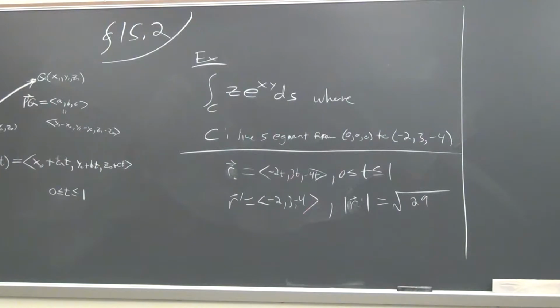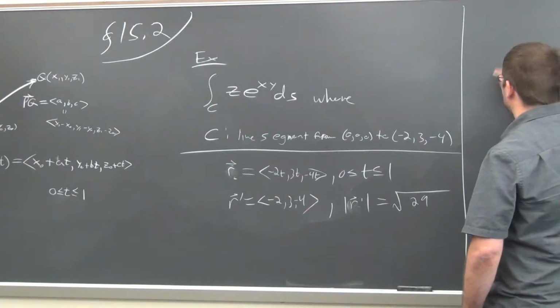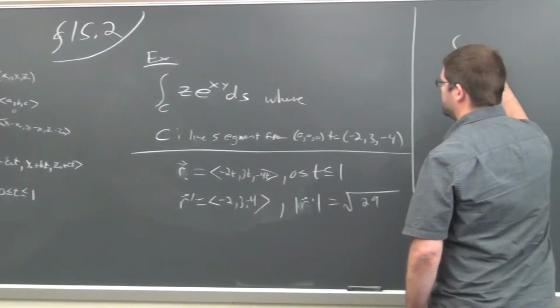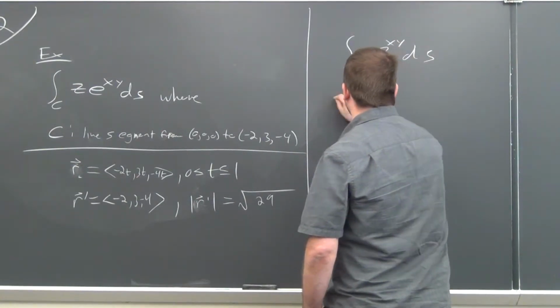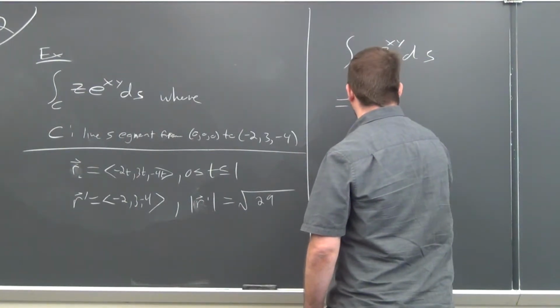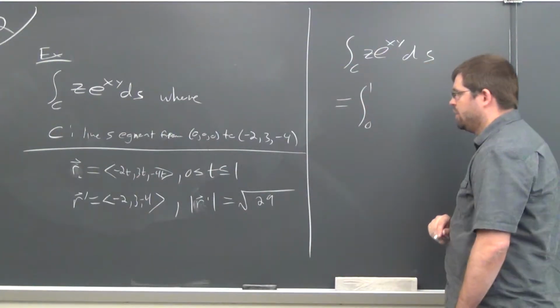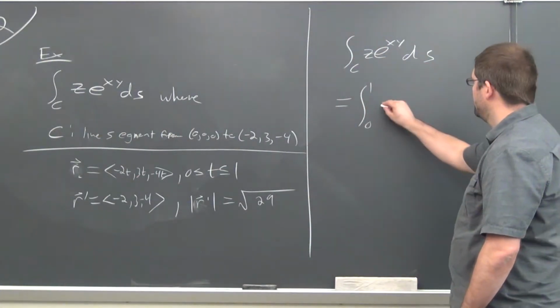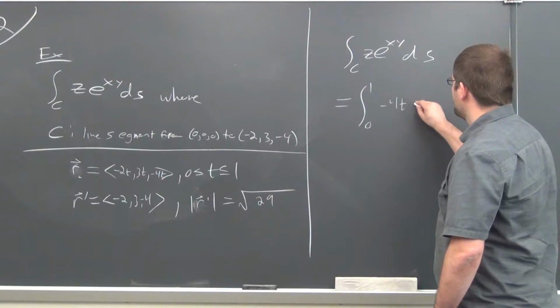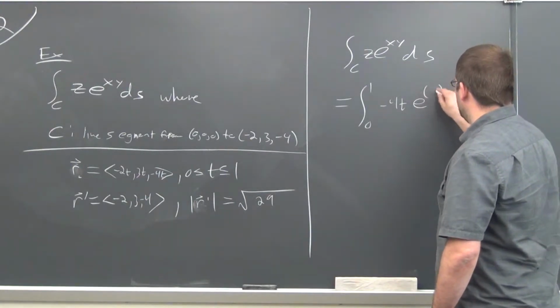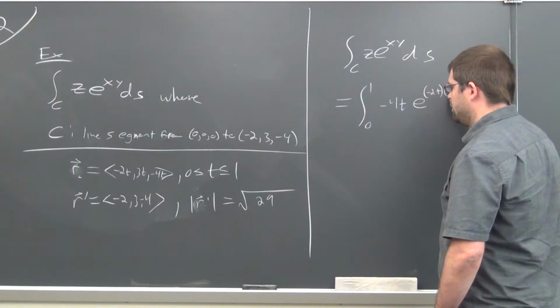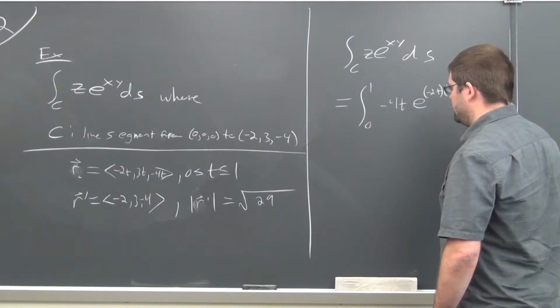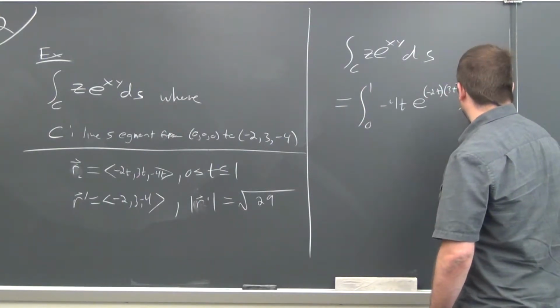So you end up with simply, you integrate from 0 to 1, plugging in your x, y, and z from the parameterizations, -2t, 3t, -4t, and your ds is square root of 29 dt.